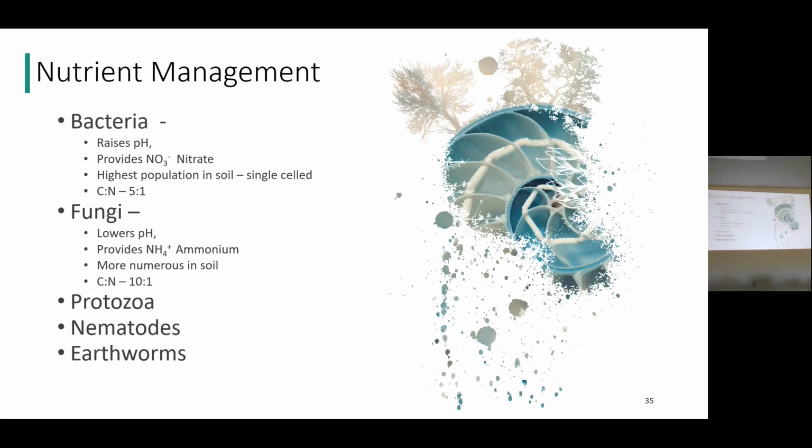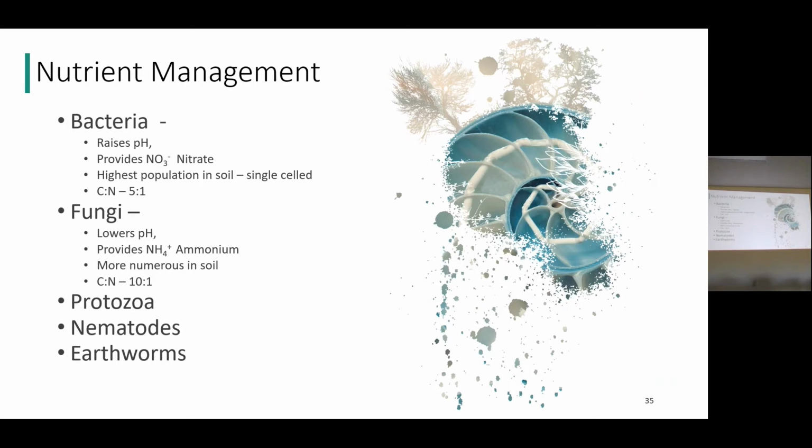So some of the main players in this nutrient cycling are bacteria, the single-celled organisms. They're going to be the most numerous in the soil because they're really small. Once they eat things in the soil and they secrete it back out, it actually raises the pH in the soil, and they provide nitrate to the soil.